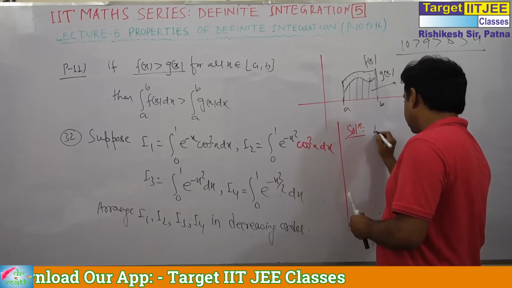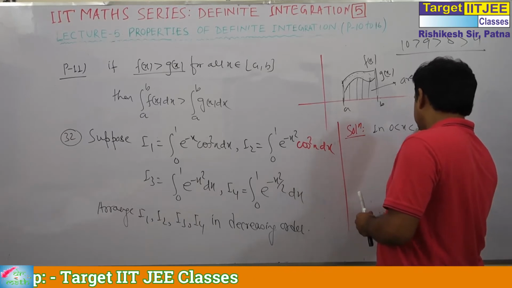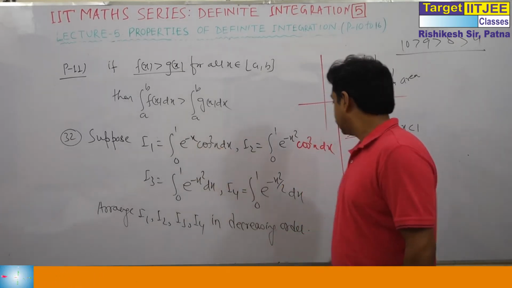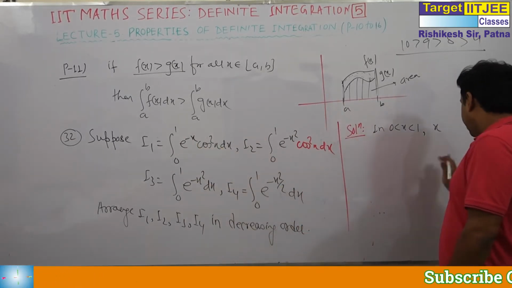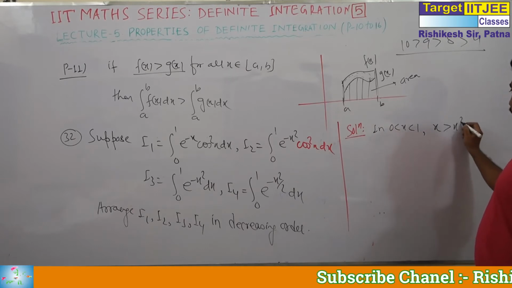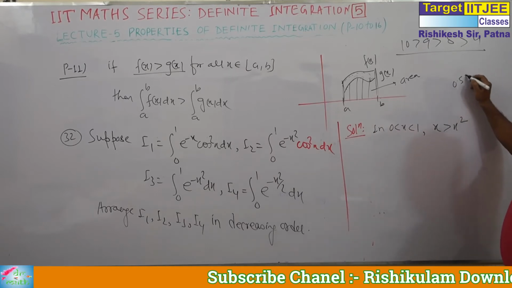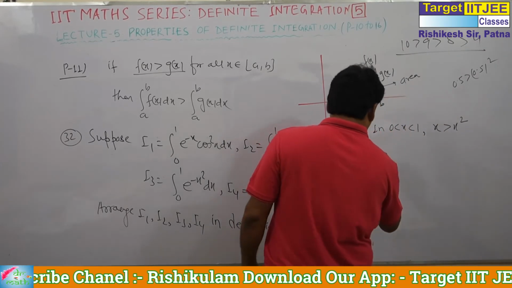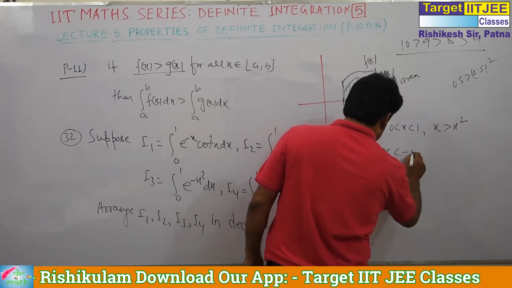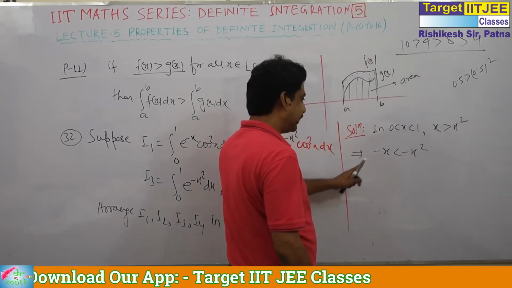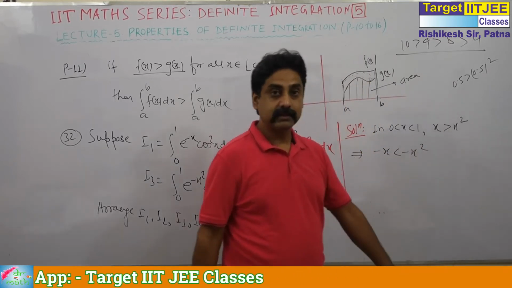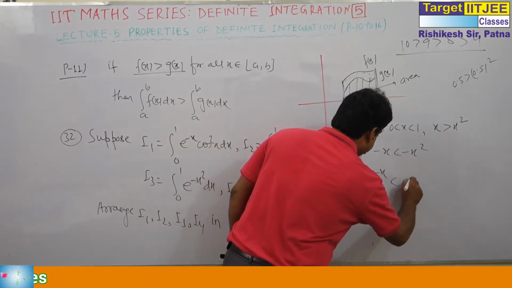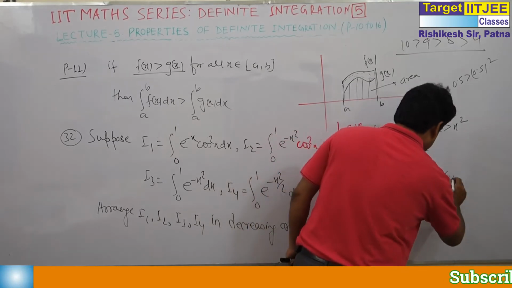In 0 to 1, you can say x is greater than x square. 0.5 is greater than 0.5 square. So minus x is less than minus x square, on multiplying both sides by minus 1, the inequality gets reversed. So e to the power minus x is less than e to the power minus x square, because e is greater than 1.